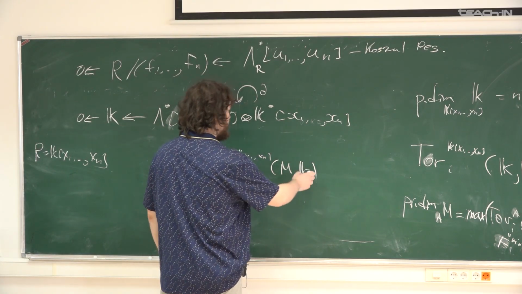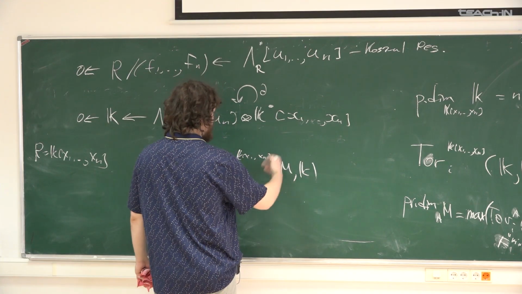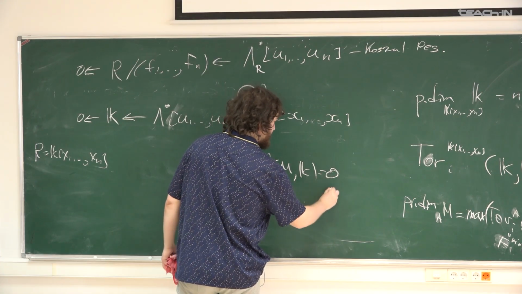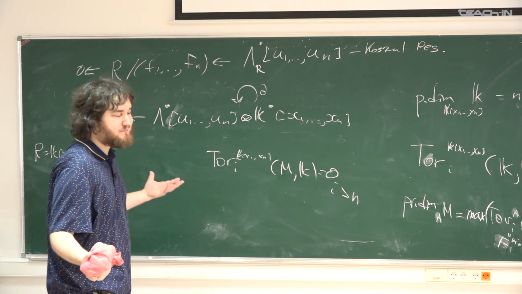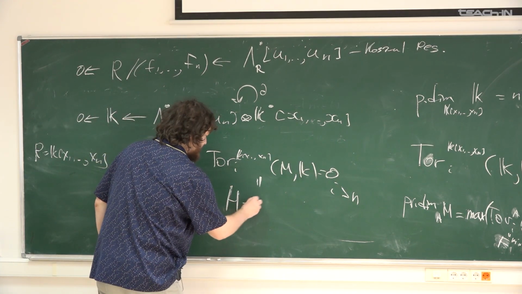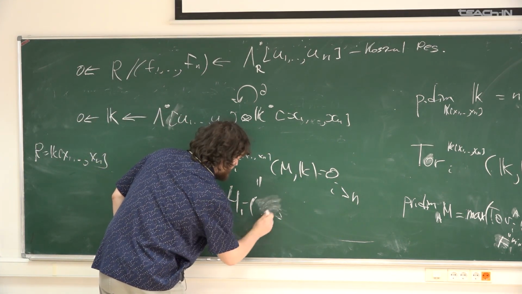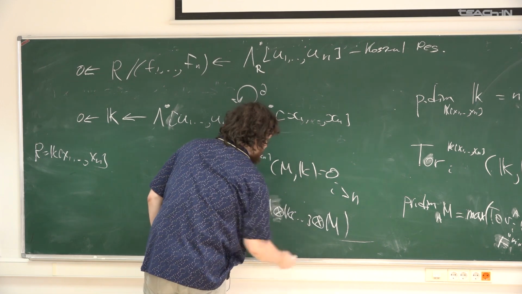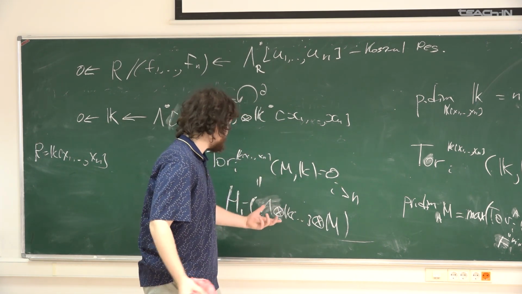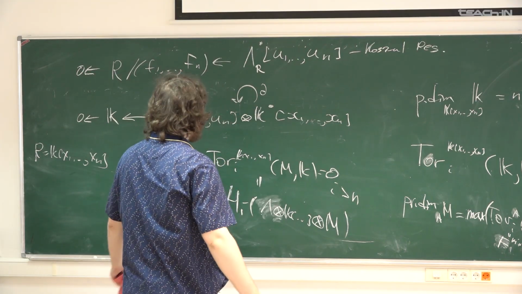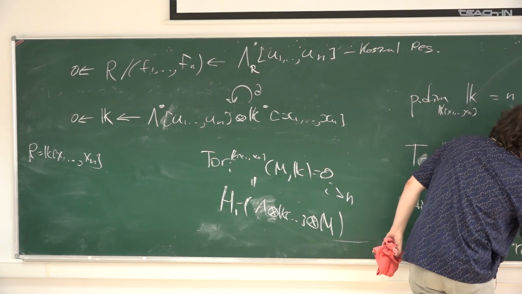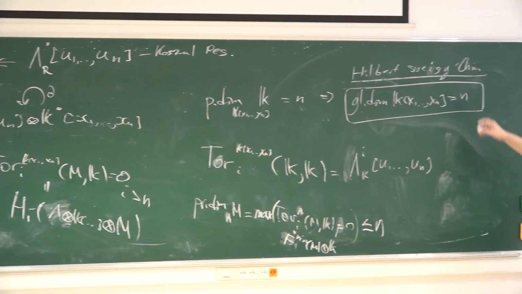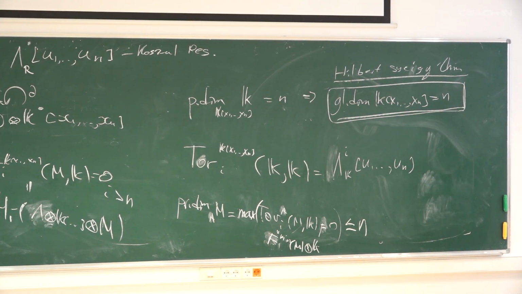Then tensoring it with M and computing homology, we obtain that it is 0 for i more than n, because this complex, the Koszul resolution tensor M, has length n. So the projective dimension is at most n, and it's n, for example, for k.